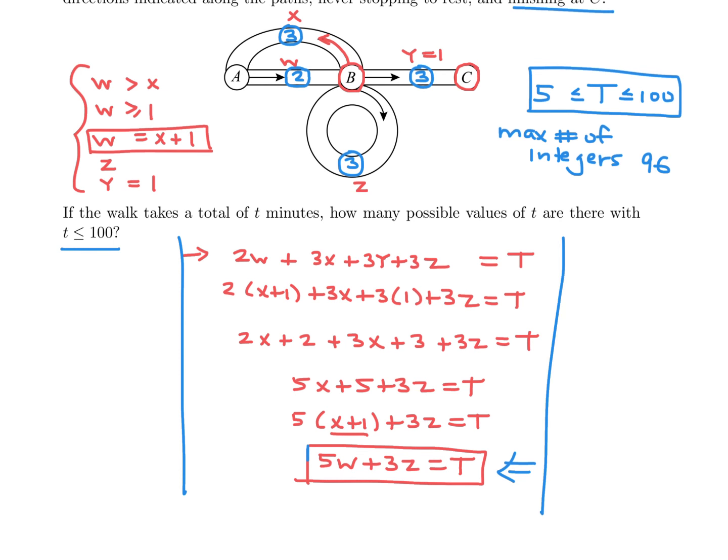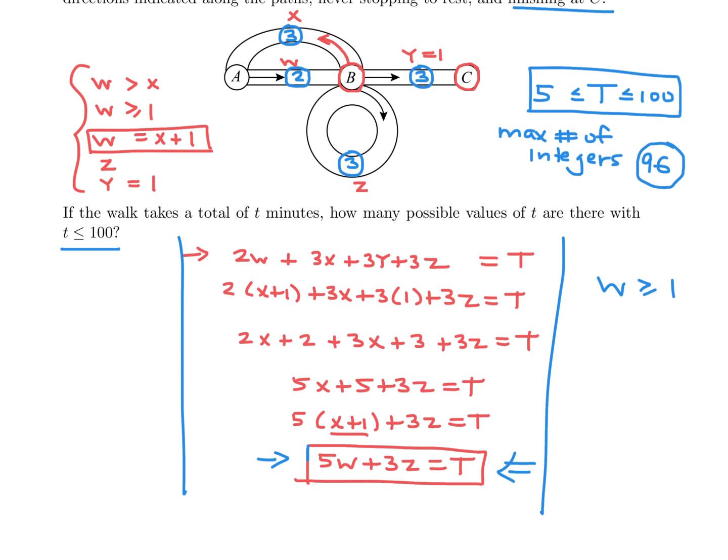Basically, we are going to be able to get a lot of integer values. Of these 96, I'm confident I could probably get most of them. Because look, this all-important equation tells me that if I can plug in some values of w, and w, remember, is going to be at least 1.